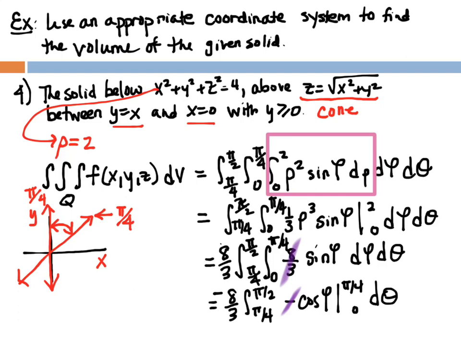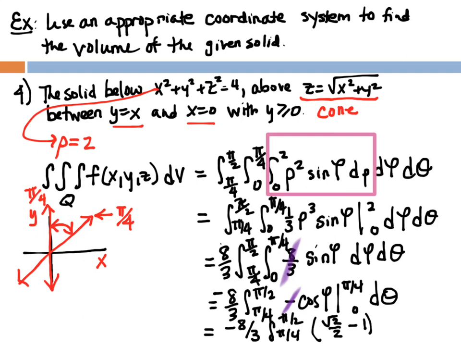No. So let me come back over here and do the evaluation before I start moving things around. I'll move the negative to the beginning, as I already did on this slide, but we'll evaluate this. So pi over 4 to pi over 2. All right, the cosine of pi over 4 would be square root 2 over 2 minus the cosine of 0, which is 1.